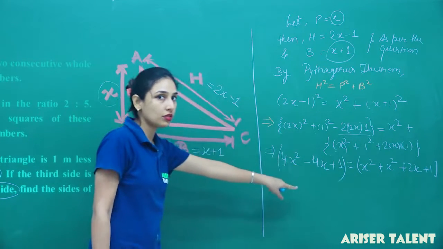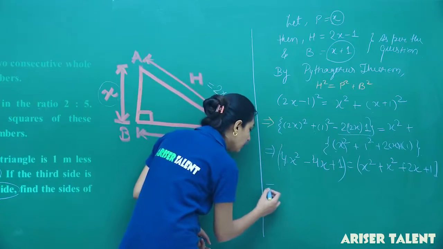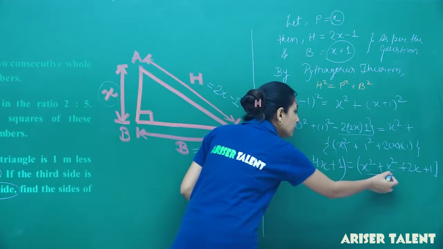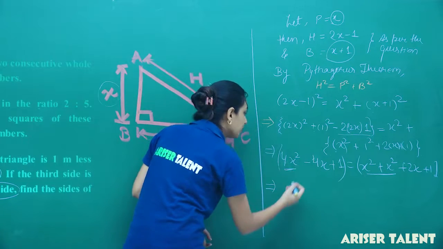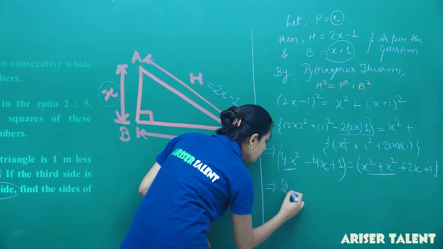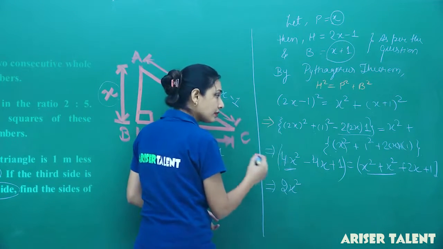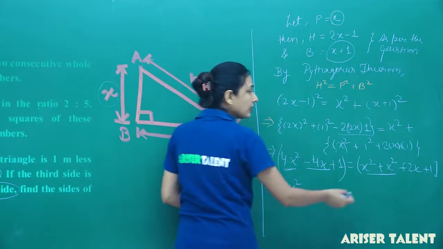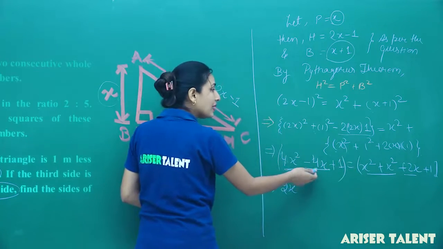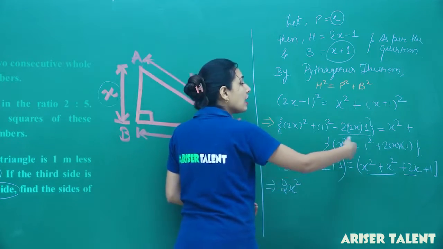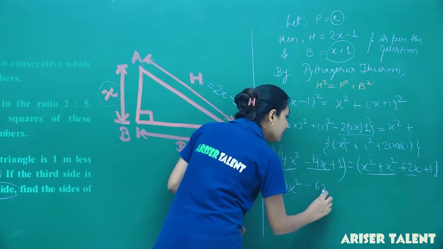So 4x square here and x square here. If I transpose this x square, it will become 4x square minus x square, that will be 3x square. Now this is minus 4x. The 2x will be transposed here and become minus 2x. Now minus 4x minus 2x will be minus 6x.